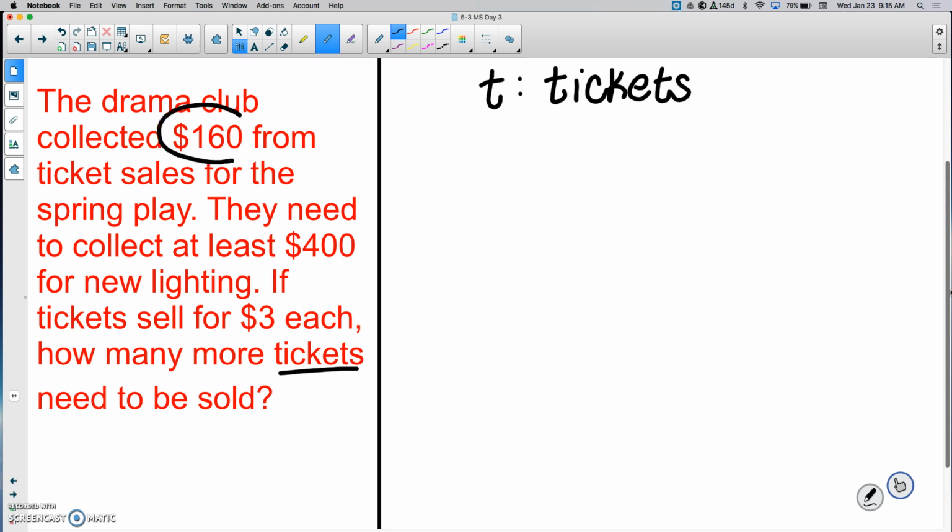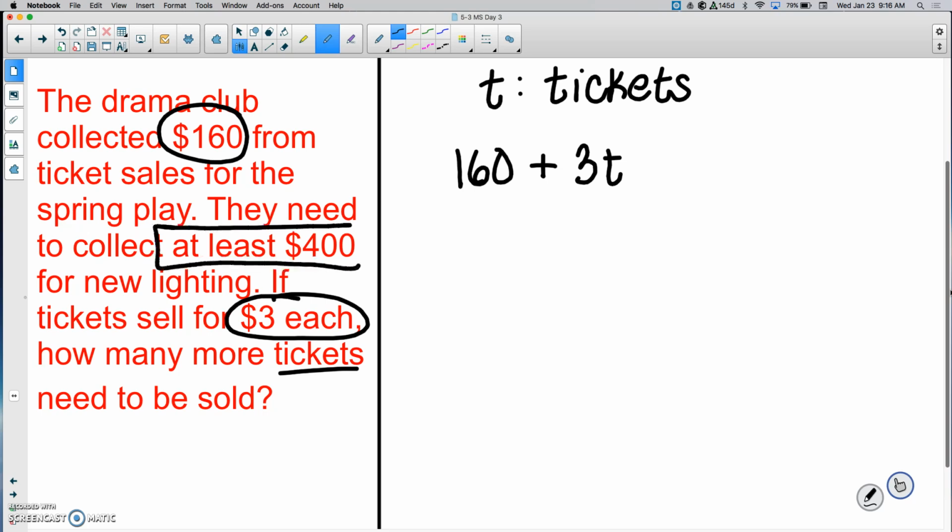They collected $160. So far they have collected $160. Plus, they are selling tickets for $3 each. So 3T. They need at least, so greater than or equal to $400 for their lighting.